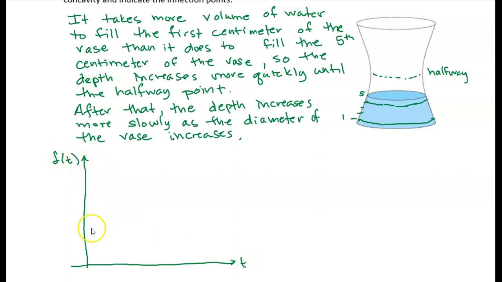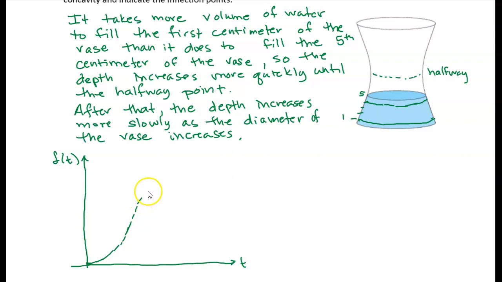The depth starts out at 0, and then we start adding water. Initially the depth increases slowly, then it starts increasing quicker over time, and then it hits the halfway mark and starts increasing more slowly again.